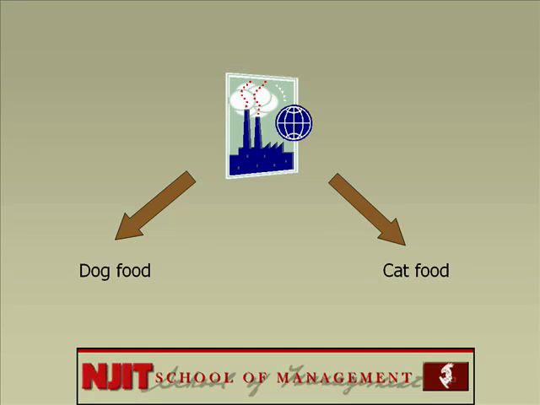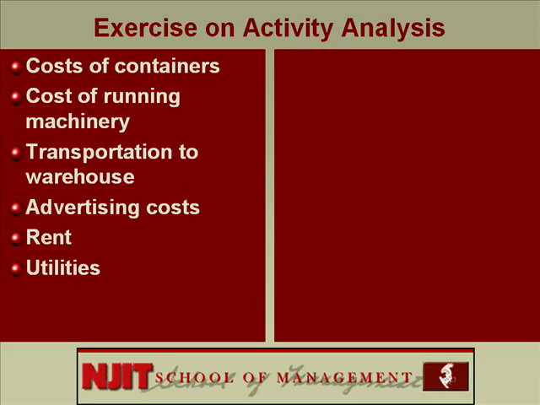Now, consider these activities. For each activity you see in front of you, tell me if it's unit level, batch level, product level, or facility level. Stop this, print this out, or try it, and start when you're done.